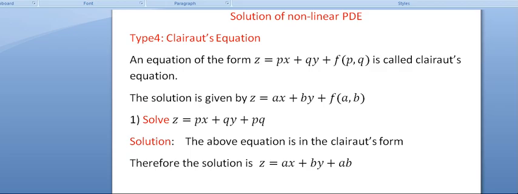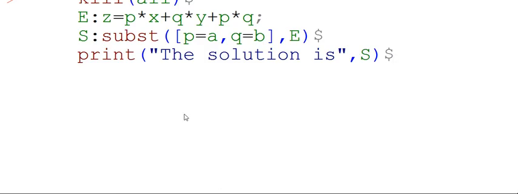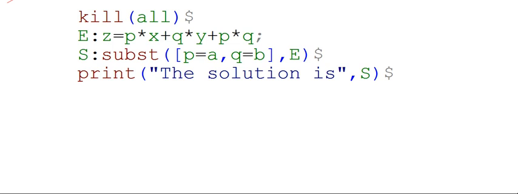Let us go with the Maxima program of this now. So the Maxima program of this will be, first I have to give a command kill all, then E will be, that is the given equation E is z is equal to p into x plus q into y plus p into q. So in this I should substitute.